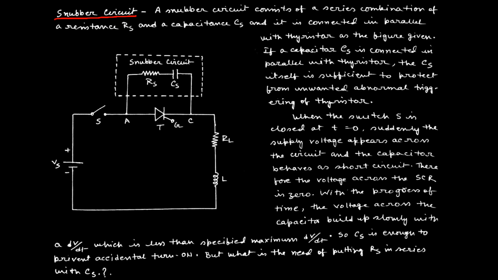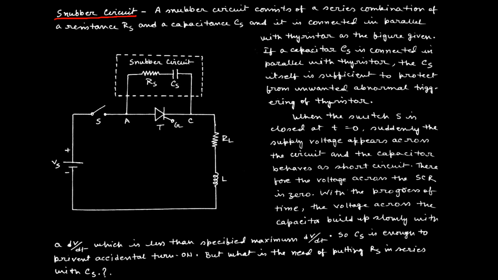Suppose when the switch S is closed, the current starts flowing in this direction. As the capacitor is there, it behaves like a short circuit. The current flows through the capacitor to the load. That means the voltage across the thyristor T is 0, and the total voltage is captured by this capacitor Cs.